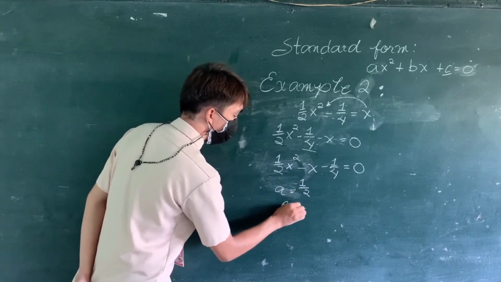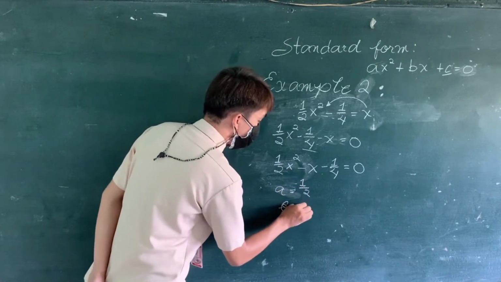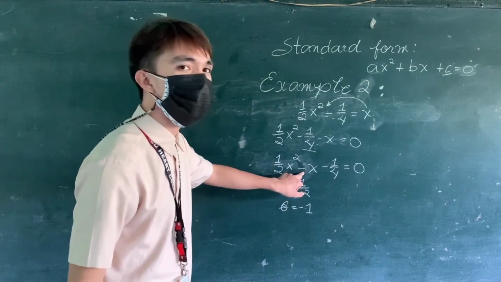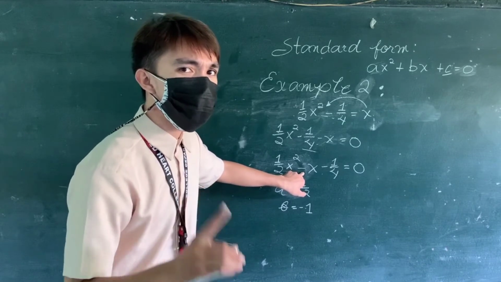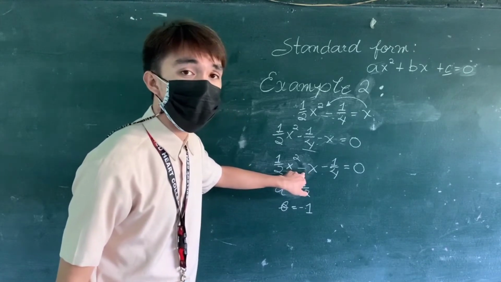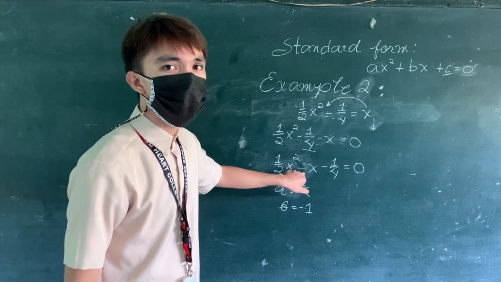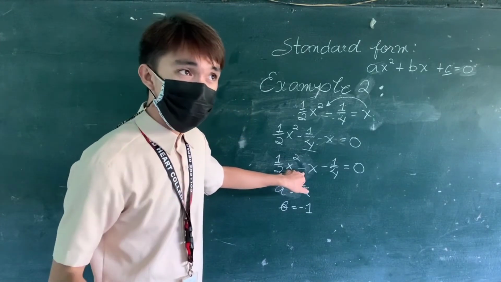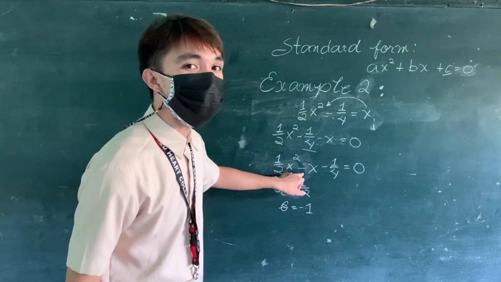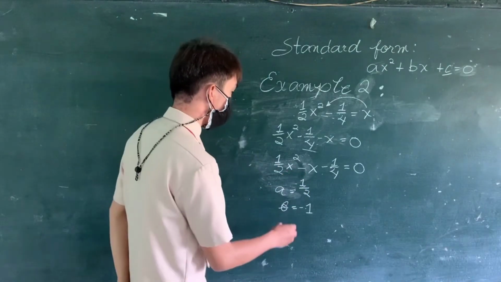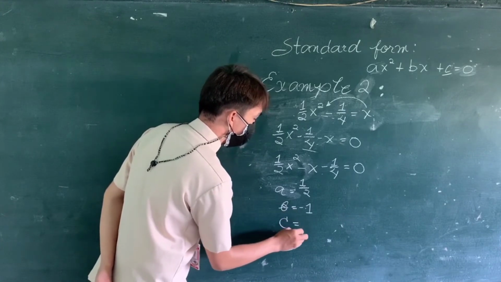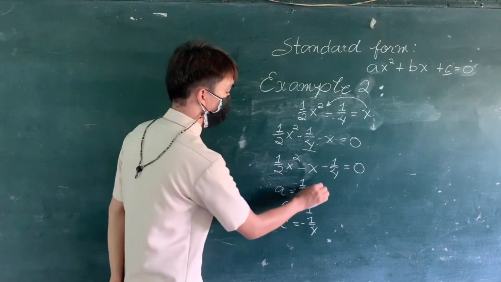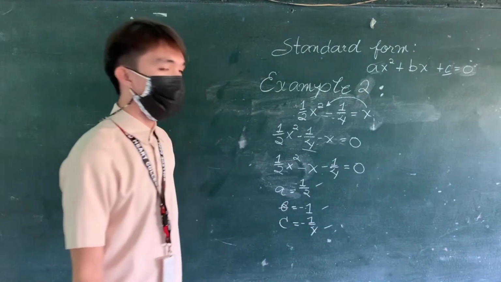How about b? b is equal to negative 1. Maybe you were surprised that negative 1 has no number beside x. So it is understood, class, that whenever it is a variable, there is a 1 beside it. There's no need for us to write 1 because it is understandable that it has a coefficient 1 beside it. And the value of c is equal to negative 1/4. So we have now the values of a, b, and c.